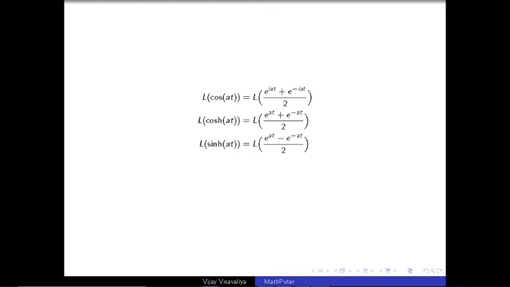In general we have t raised to n. You just try to work out for t raised to n. Otherwise in the next session we shall look at the Laplace transformation of t raised to n with the relation with gamma function. Then we have exponential function, trigonometric functions, sin at, cos hyperbolic at and sin hyperbolic at. We shall meet on Monday.